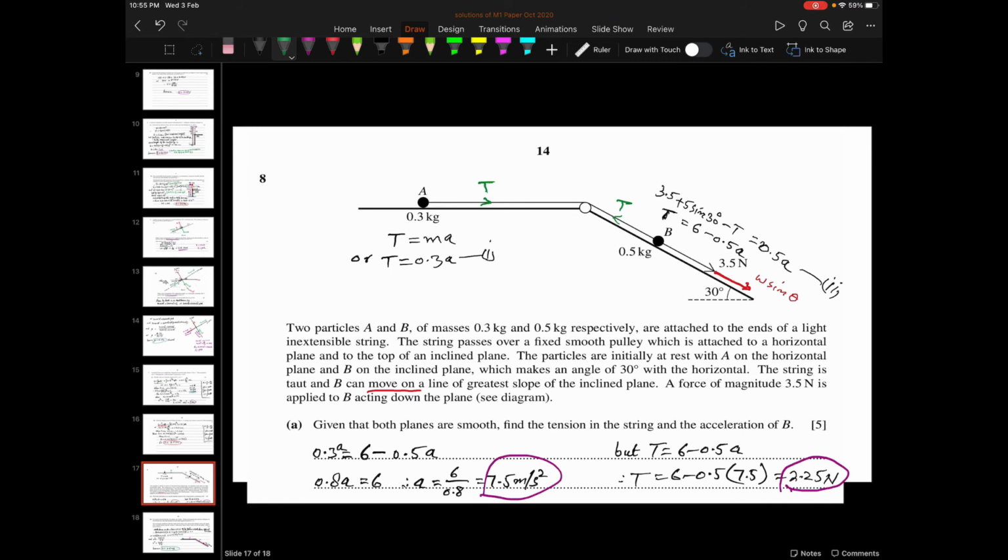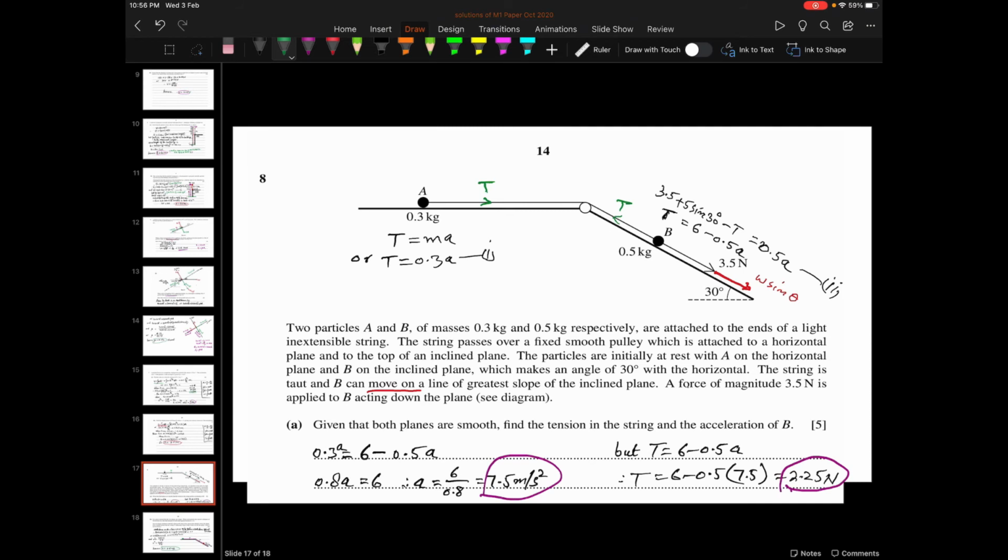The particles are initially at rest with A on the horizontal plane and B on the inclined plane, which make an angle of 30 degree with the horizontal, as shown in the figure. The string is taut and B can move on a line of greatest slope of the inclined plane.